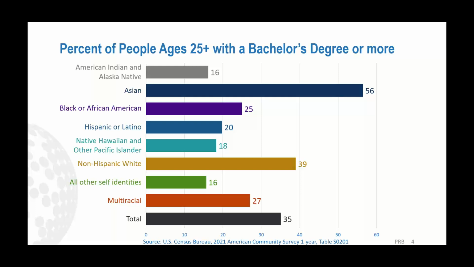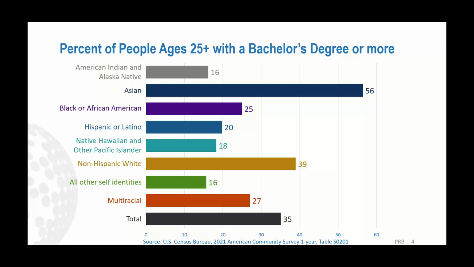Say you're trying to learn more about the educational credentials of the people living in your community. We can look at the percent of the population ages 25 and over that have at least a bachelor's degree. In the United States in 2021, 35% of the total population ages 25 and older have at least a bachelor's degree.